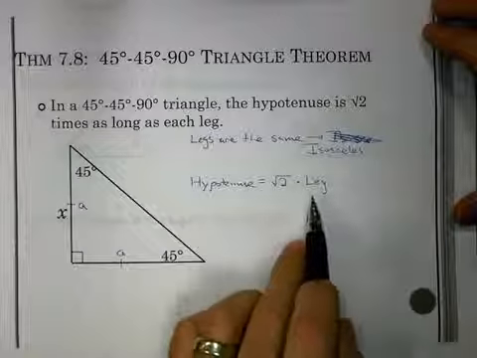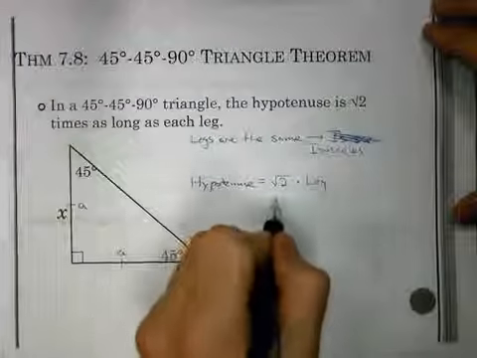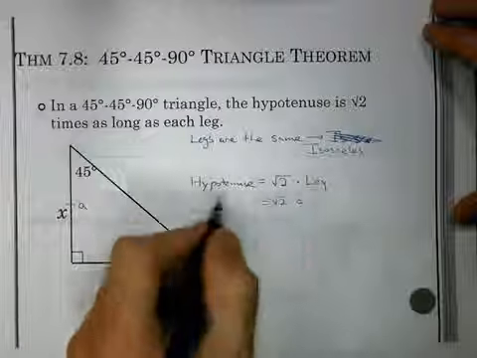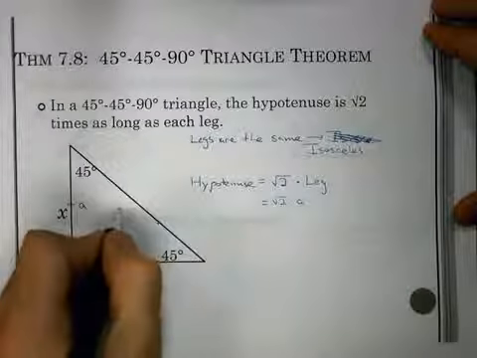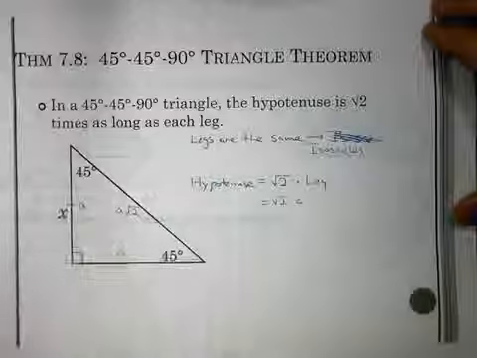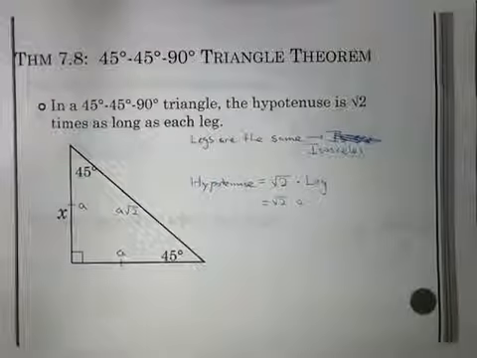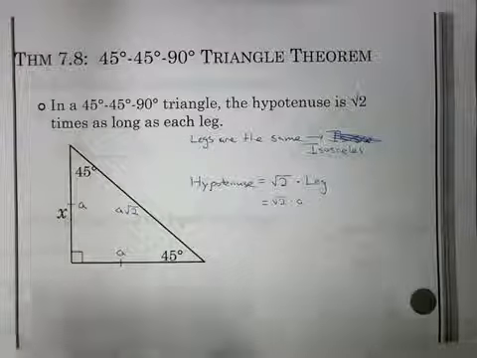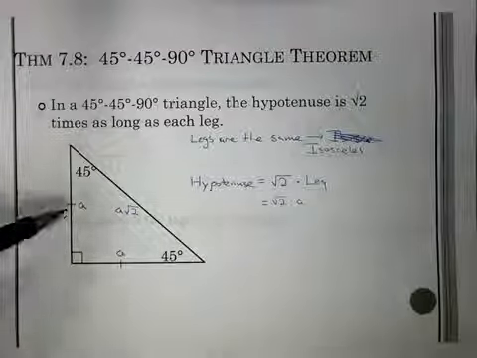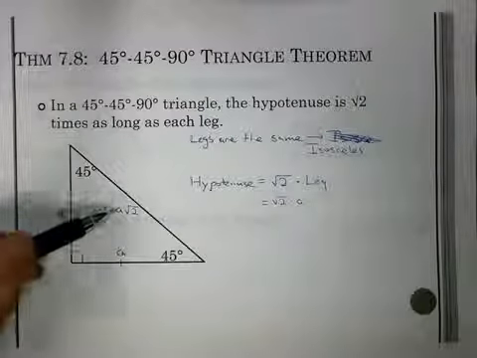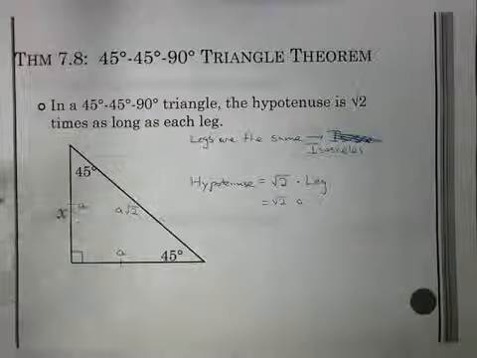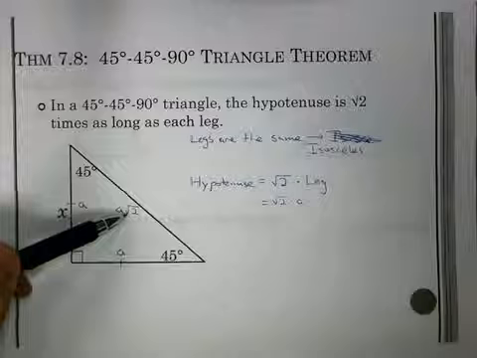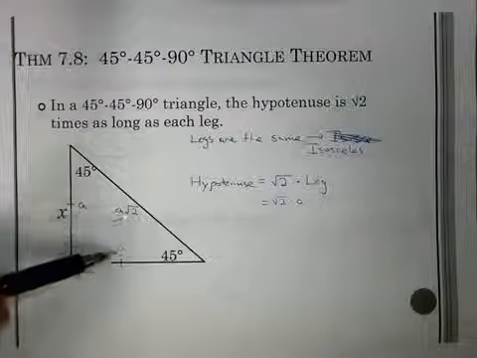And if that's the case, radical 2 times a gives us the hypotenuse, which would be a root 2. This gives us a nice relationship to go by. It doesn't matter what size a is, the hypotenuse will always be a root 2. It doesn't matter what the hypotenuse is, we'd always divide or get rid of the root 2 to get to the leg.